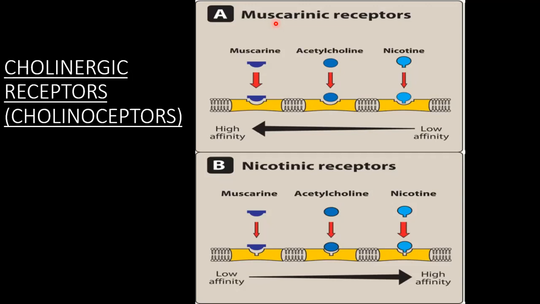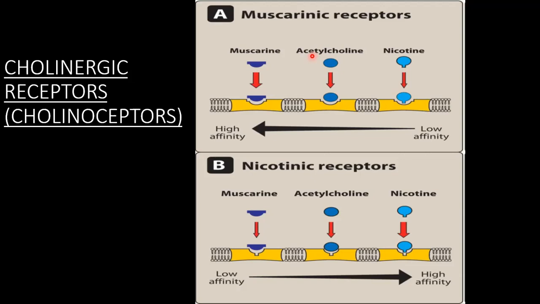Those with odd numbers, that is M1, M3, M5, are Gq coupled, in that activation of these receptors will lead to activation of phospholipase C with subsequent increase in intracellular calcium due to the action of IP3, and also activation of protein kinase C due to the action of DAG, diacylglycerol.